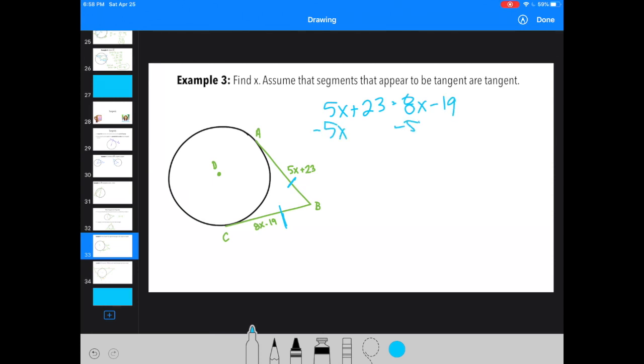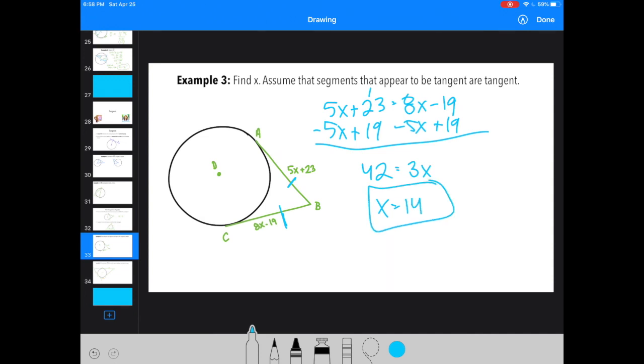I like to keep my x positive, so I'm going to subtract 5x. And I'm going to add my 19 over to isolate my x. 2, carry my 1, 42 is equal to 3x. X is equal to, why can I not do that off the top of my head? 14. There we go. Winner, winner, chicken dinner.